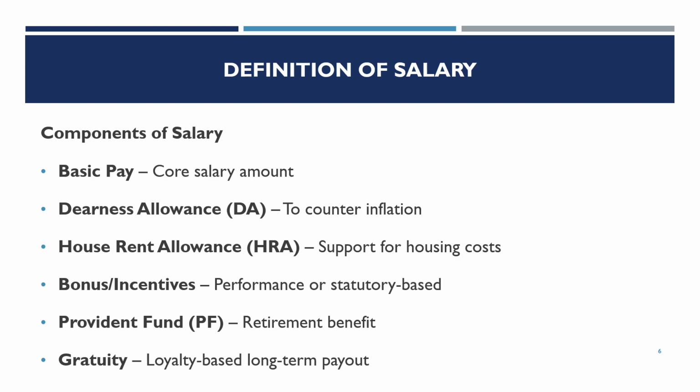And the last component is provident fund and gratuity. Provident fund is a retirement related benefit. Gratuity is loyalty based, a long term payout. Salary packages may also include perks like travel allowance, internet reimbursements, and insurance. Understanding each of these helps employees make smarter career decisions.